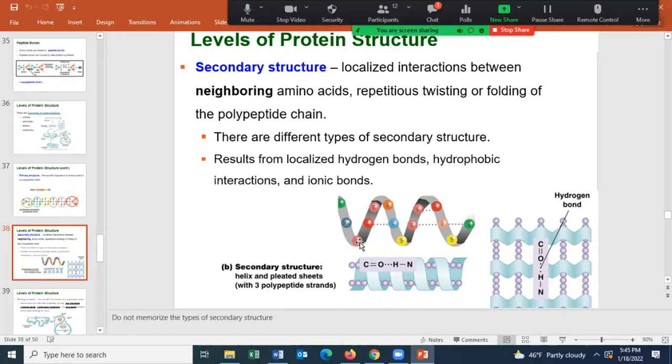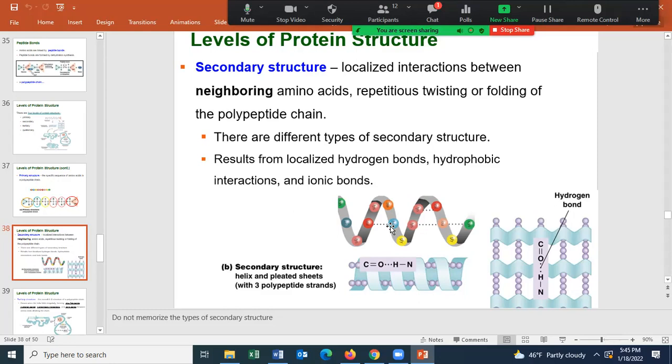And that is, there can be repulsion between this amino acid and that amino acid. This could be a hydrophilic amino acid, this is a hydrophobic amino acid, and they will repulse each other. These are both polar and they form a hydrogen bond.